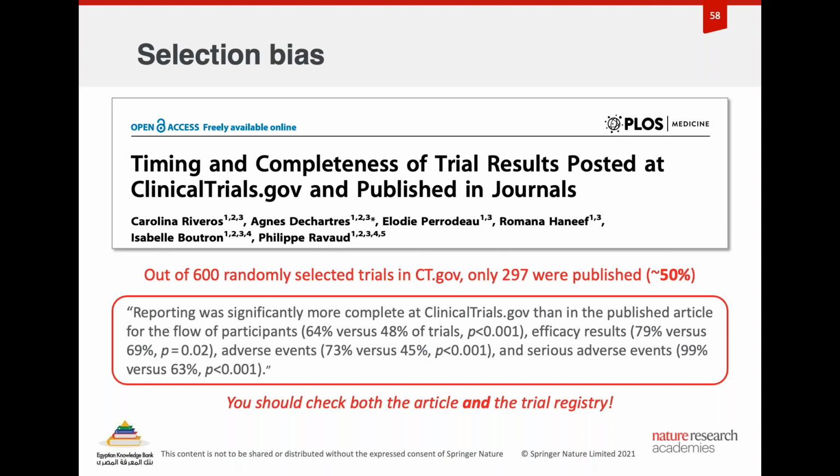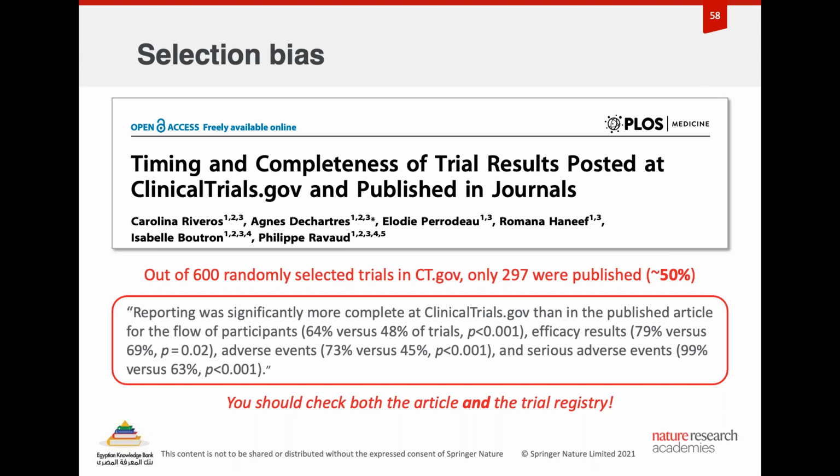Look at that difference, 73% versus 45% of papers actually presented adverse events, even though almost 3/4 presented adverse events in the trials registry. And for serious adverse events, almost all the trials in the trials registry reported these, but only 2/3 of the papers reported them.